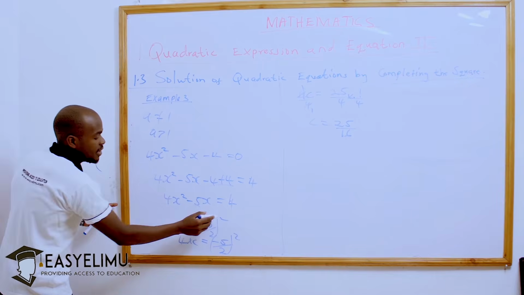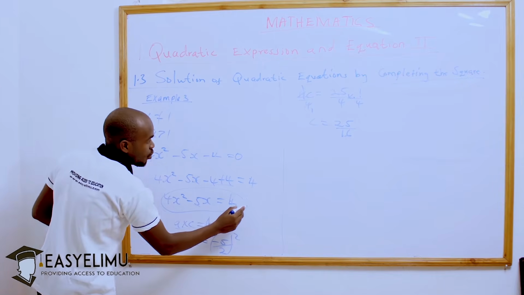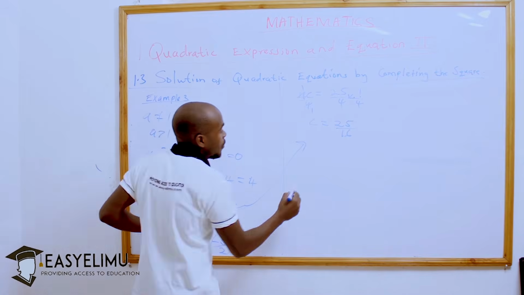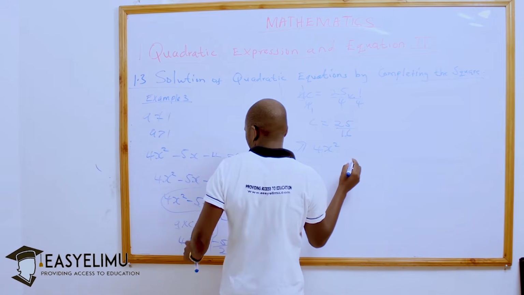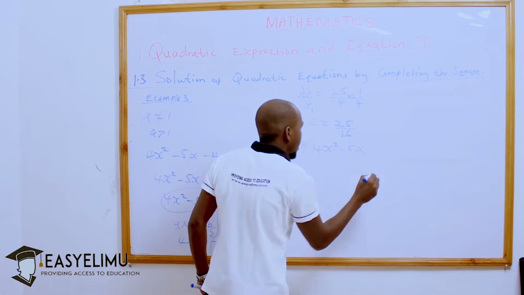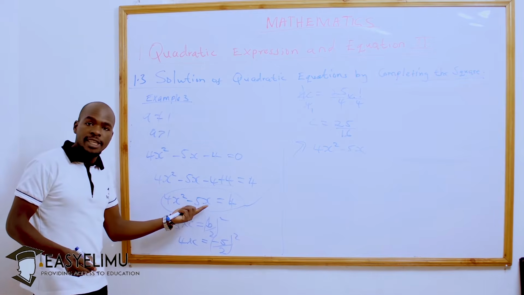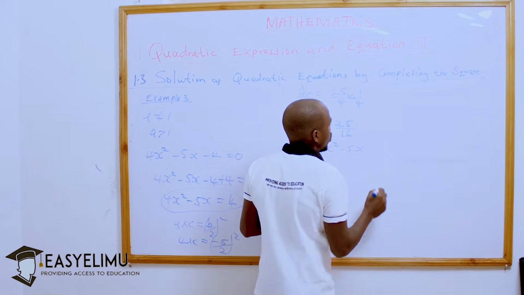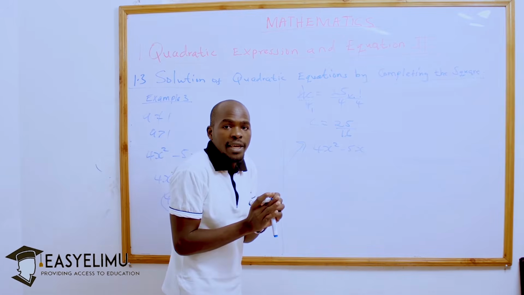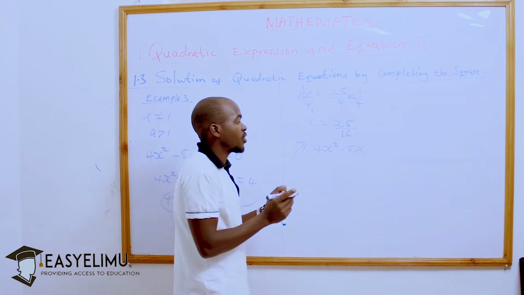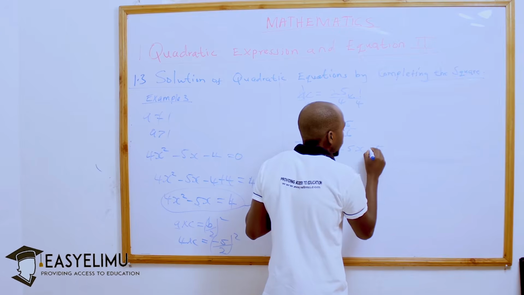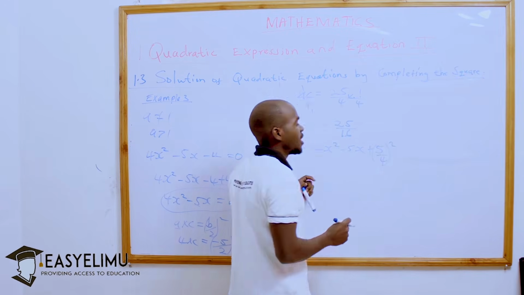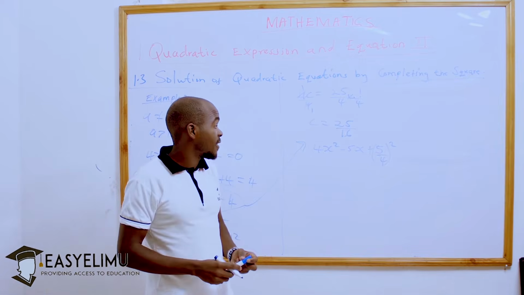We shall rewrite this quadratic equation in a form that we shall have 4x squared minus 5x. Now we include the value of c, which we have found is 25 over 16, and we can write it as a square, positive 5 over 4 squared, which is still 25 over 16.